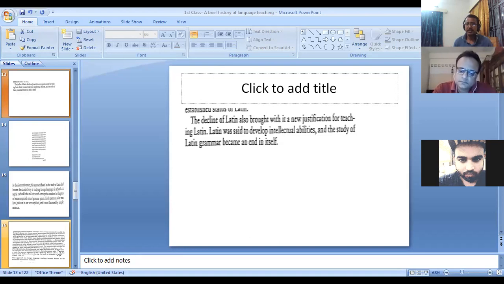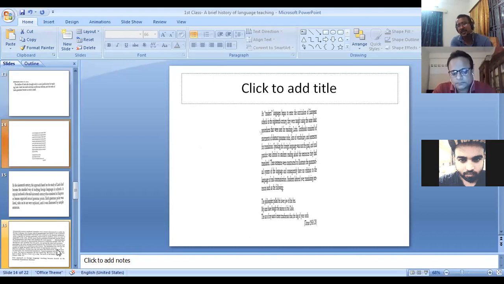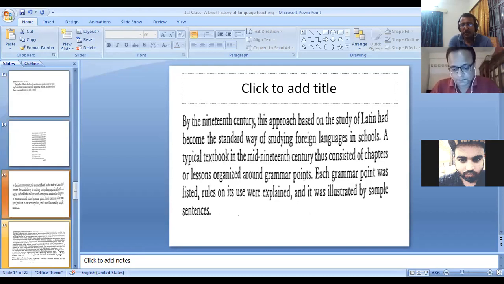So our concern is that people all over the world, leaving the Latin language, started to move towards English language learning. And in such a scenario, we see that another change came in the English language learning field: whether the Latin language learning technique would be followed for English language learning.